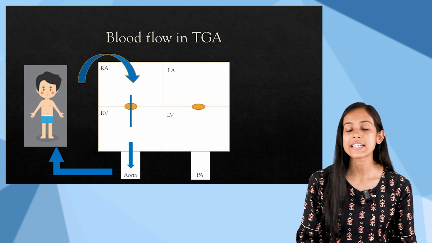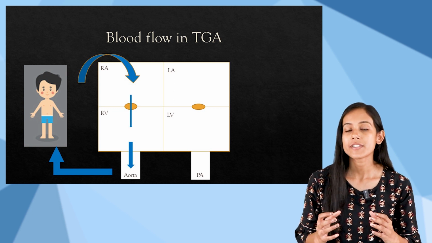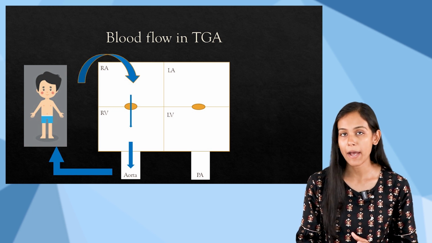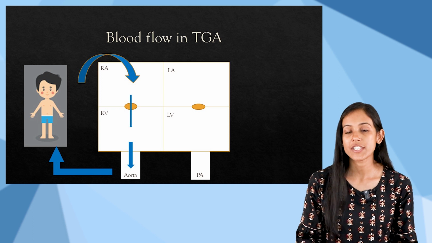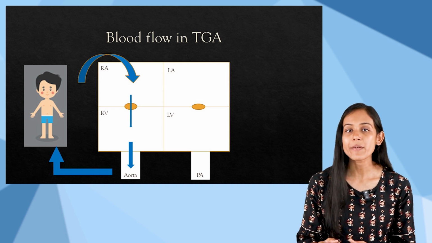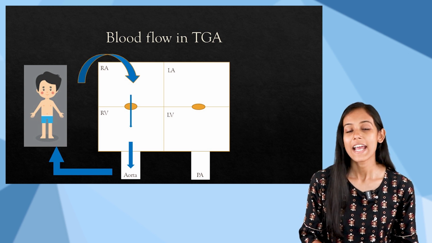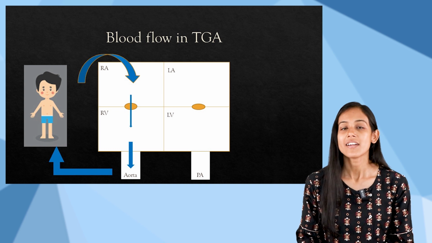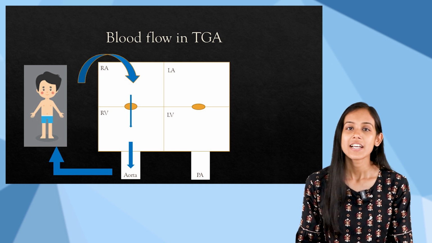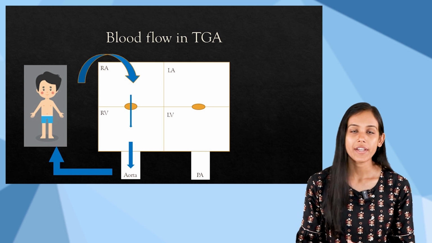So both the arteries are present in the heart, but their position, their location, has switched. Where the pulmonary artery should be connected, the aorta is connected, and where the aorta should be connected, the pulmonary artery is connected, right? So that is what has happened.